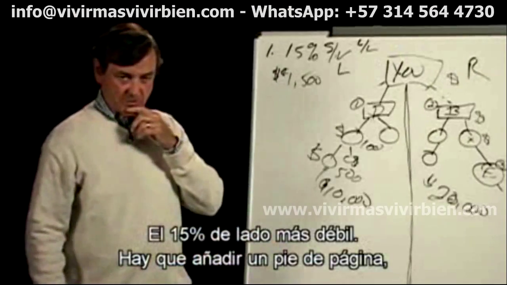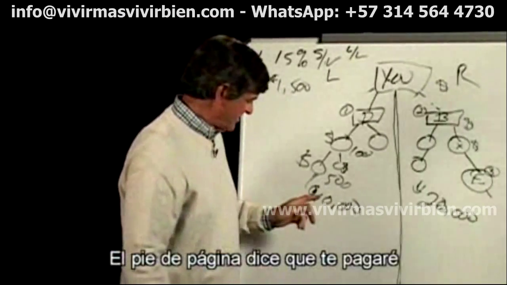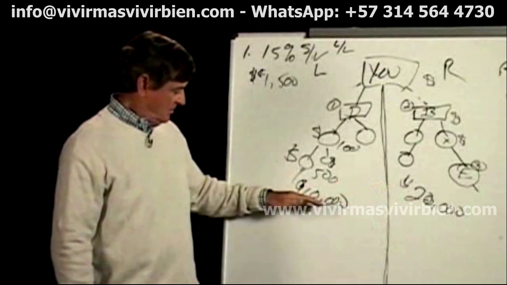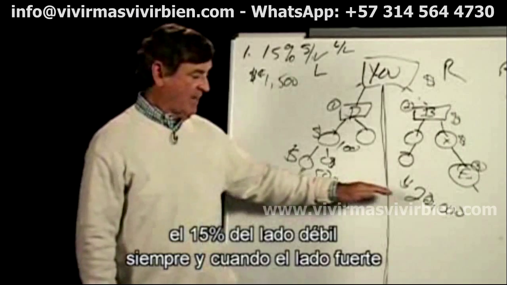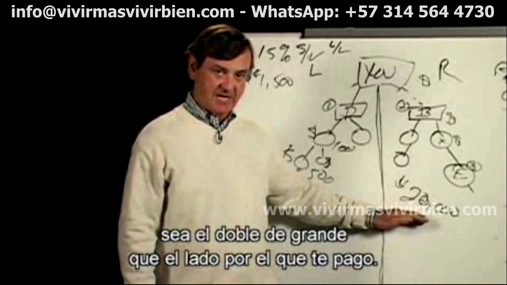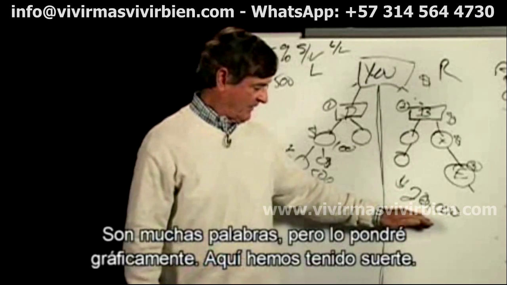Now, there's only one footnote to that, and the footnote is very important, all right? The footnote is this. I'm going to pay you 15% of the lesser leg every week as long as the stronger leg is twice as big as the number that I pay you on. A lot of words, but let me show you graphically.